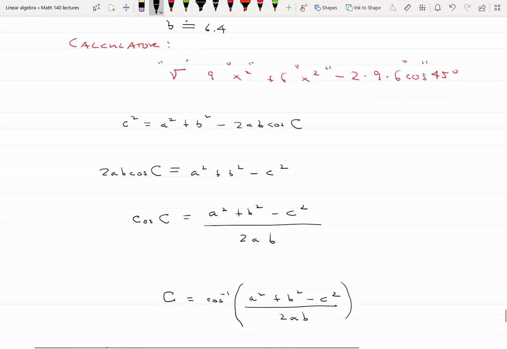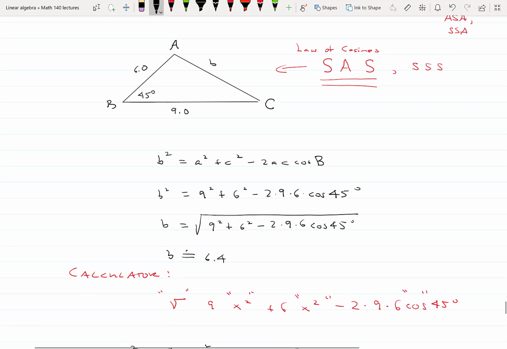So we found C is approximately 42. I'm going to go up to my triangle and put in the stuff we found. So C is approximately 42, B is approximately 6.4. The only thing left is to find angle A. I would not recommend you use the law of cosines for it. It's very simple to find A without using any special law for trigonometry.